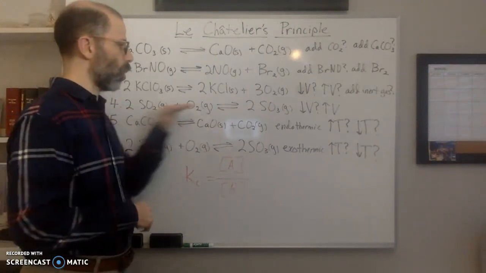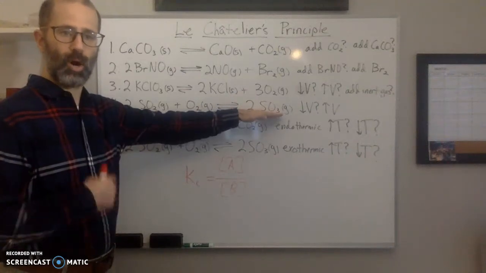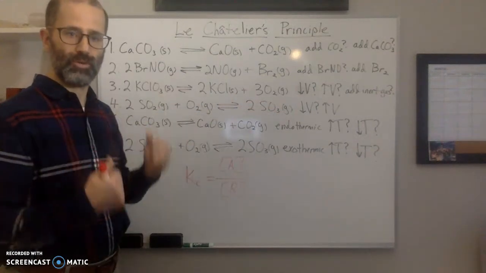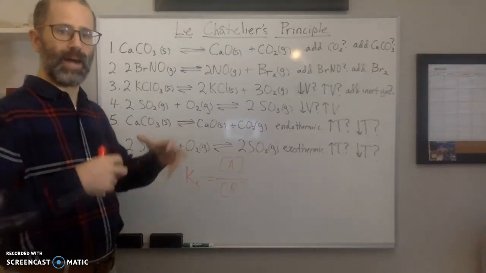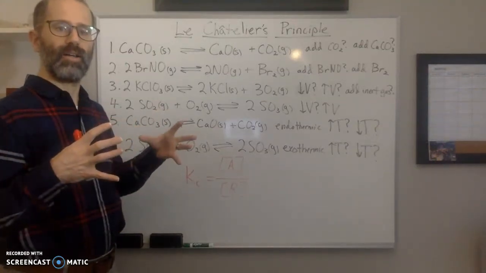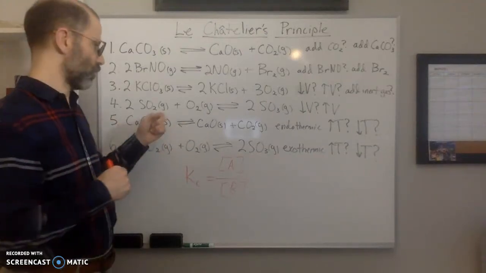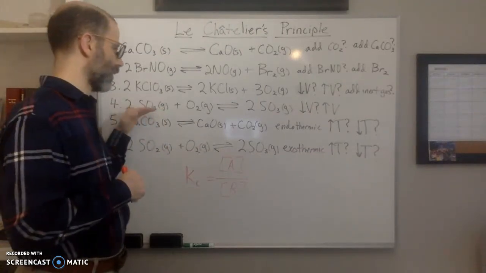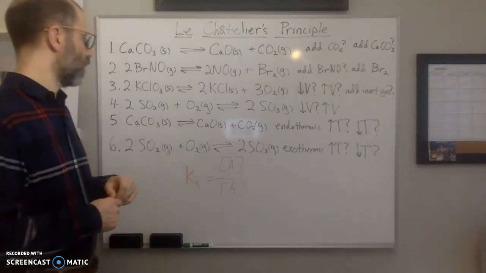I'm going to go in this direction to lower the number of moles, the particles of gas, and that's going to reduce the pressure. So I raise the pressure by decreasing the volume. So now I want to decrease that pressure, and the way that it's going to do it is by switching to the side with less particles, less moles.